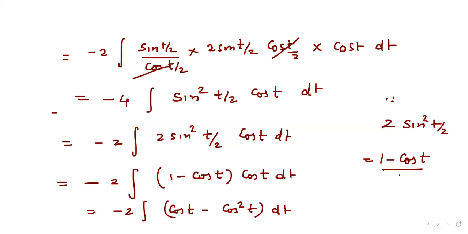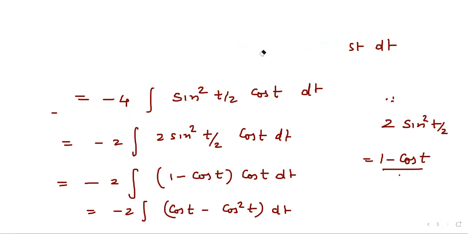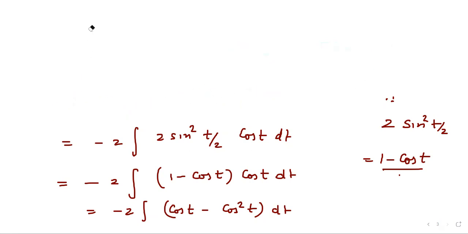So further, cos square t can be expressed in terms of cos 2t. So our next step will be integration cos t dt, and this 2 can be carried to the next step also.